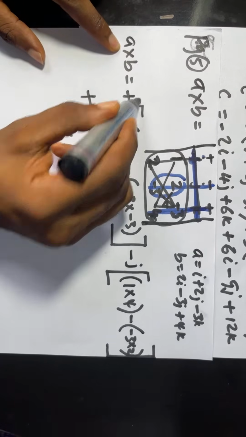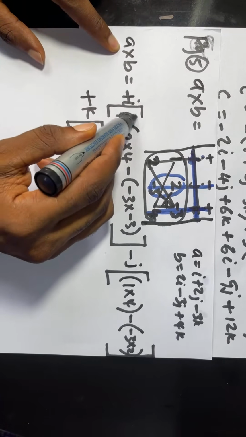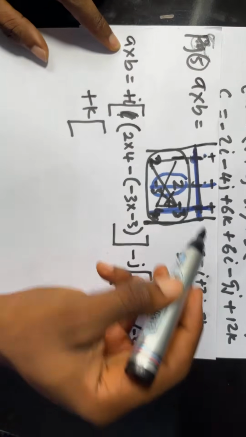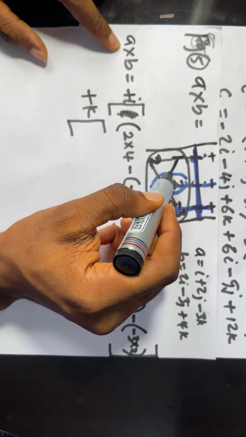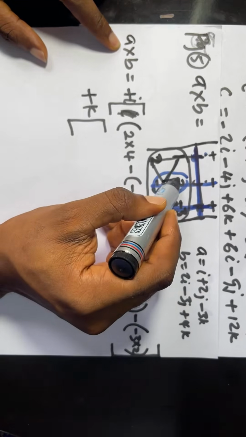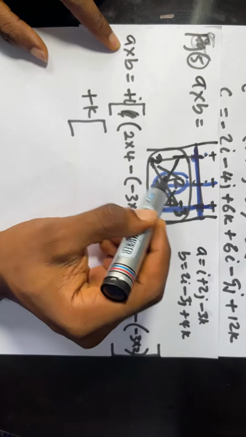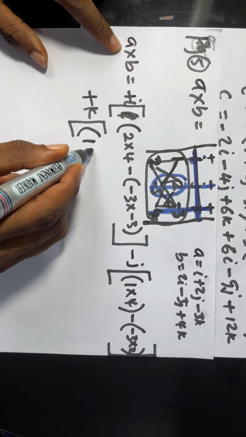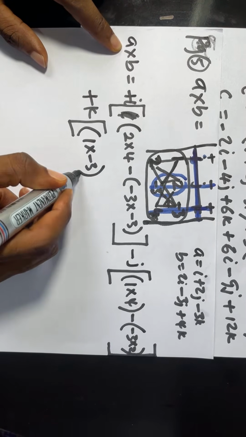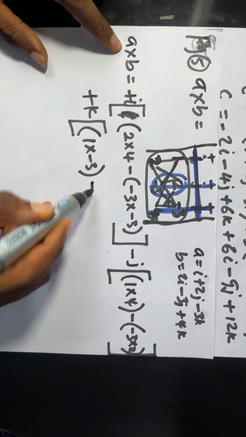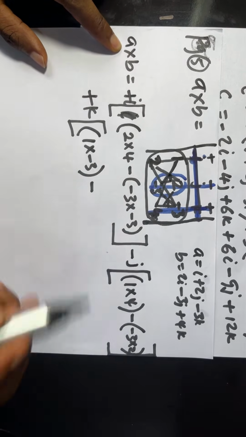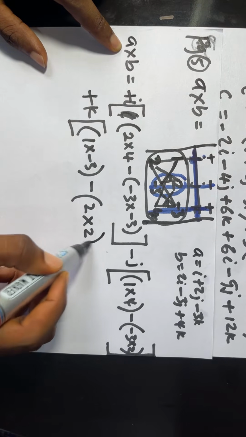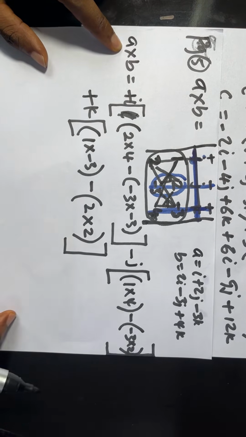This I is supposed to be outside. So we say, where is it crossing now? 1 times minus 3 diagonally, minus 2 times 2. So therefore, open bracket. 1 times minus 3, bracket close, minus, remember, it's always a minus, bracket open, 2 times 2, bracket close. You close down the big bracket.